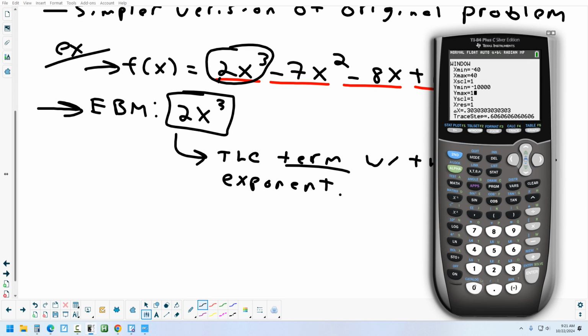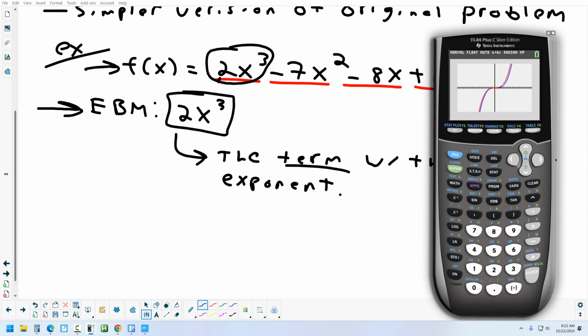Now I'm zoomed way out, and I want to compare how the original problem and the EBM look this time. I want you to tell me how similar or different you think they look. There's the original problem in blue, and here in red is the EBM. How do they look now?